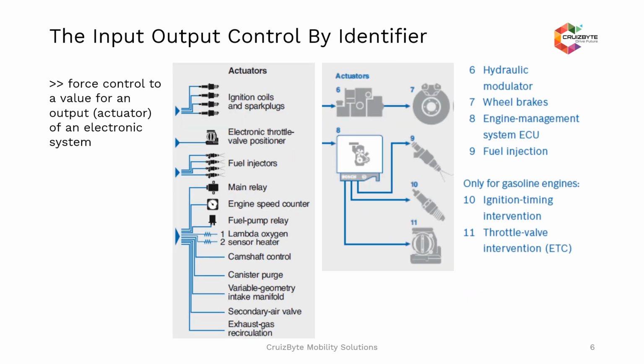In the next slide, the DIDs, again the data identifiers, are used to force control to a valve or an output actuator of an electronic system. So anything like motors, solenoid valves, pumps, heaters, relays, all these come under actuators, and these can be directly controlled by the diagnostic tester with the help of an assigned DID for each of the elements.